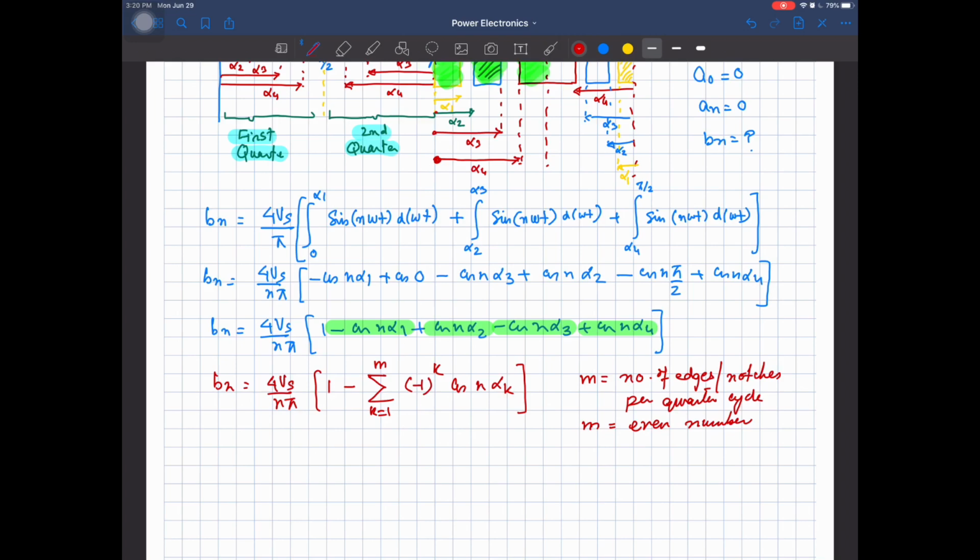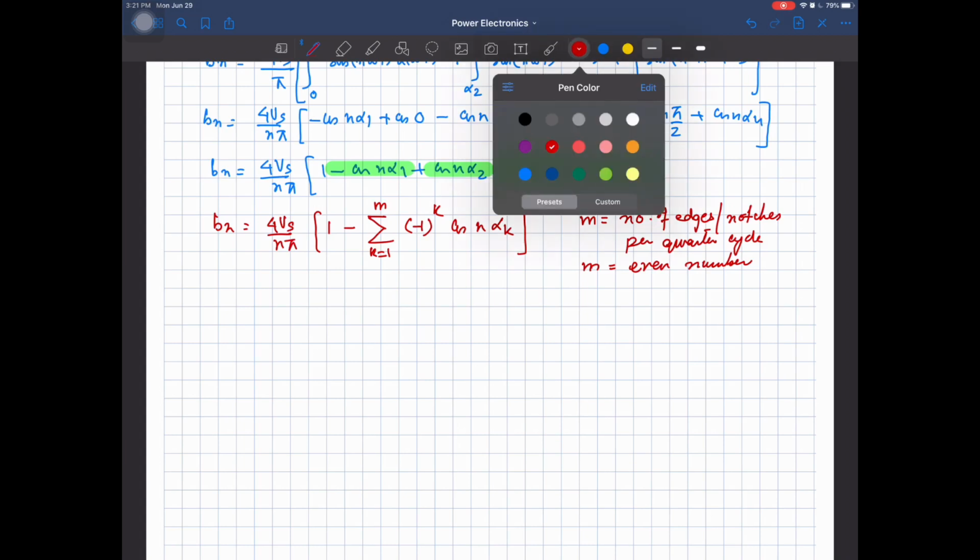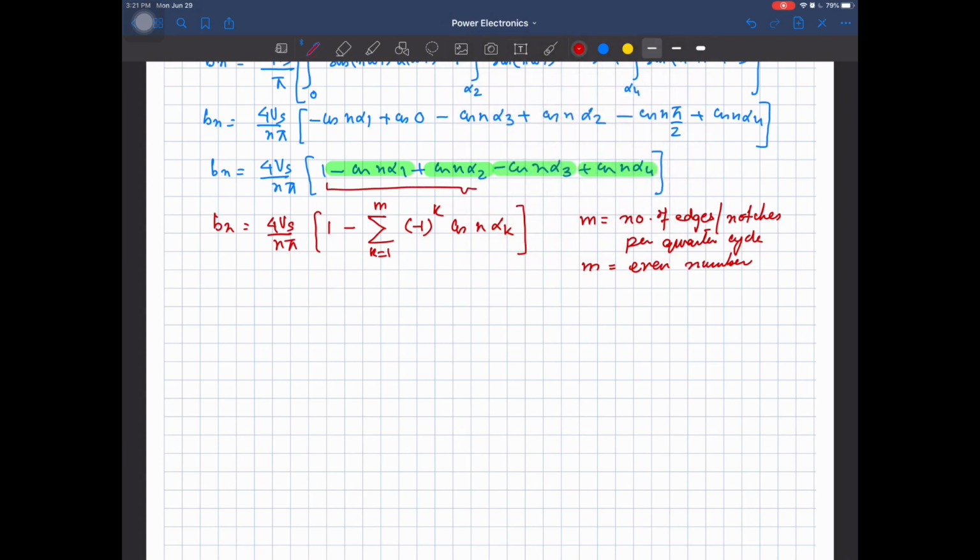Now from this we can write down the equations by which we can cancel out a particular set of harmonics. If we want to cancel out the third harmonic, then this part should be set equal to 0 for n equal to 3.